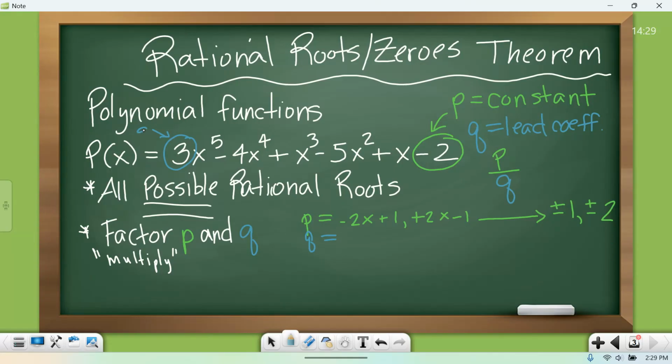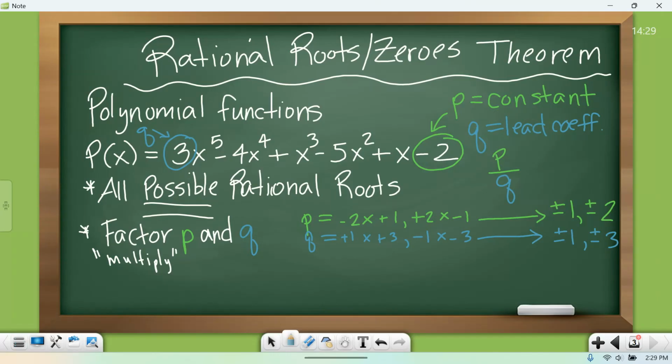Q is positive 3. So what are the possible factors of positive 3? Well, 1 and 3, that's it. However, because it's positive, I can do positive 1 times positive 3, or I can do -1 times -3. So my possible factors for Q are plus or minus 1 and plus or minus 3.